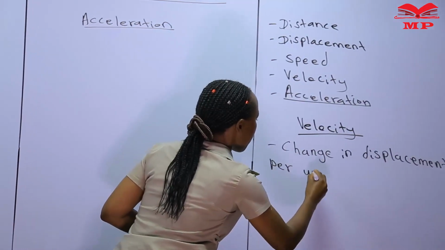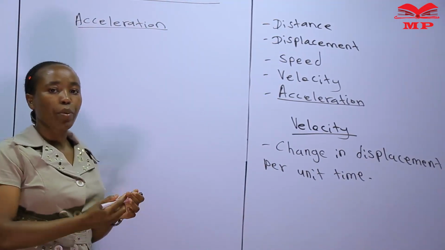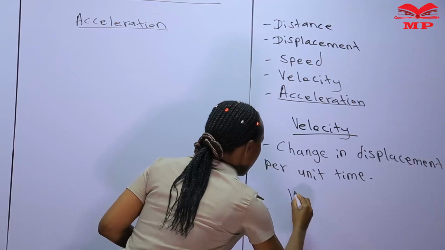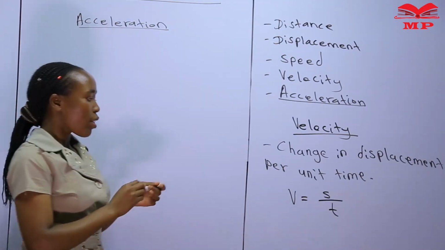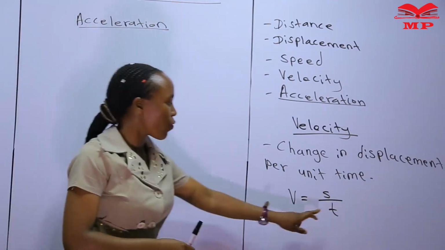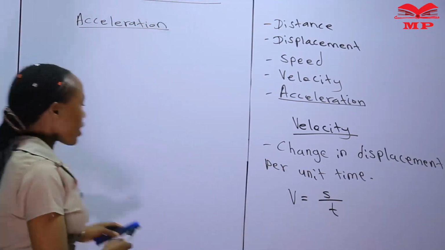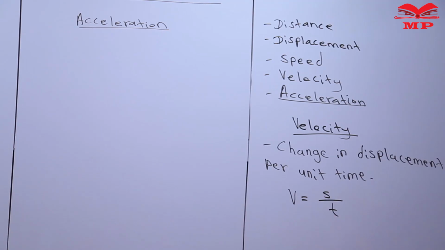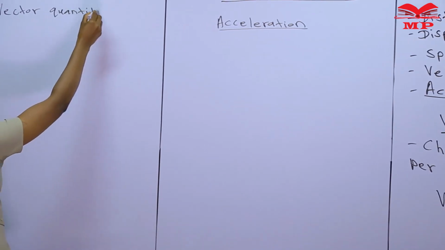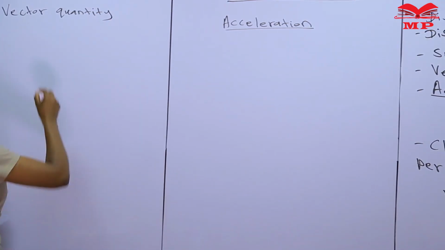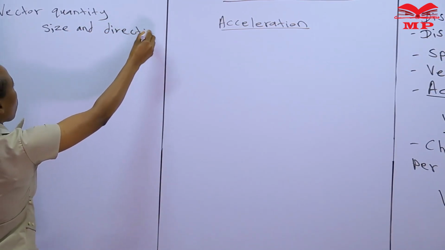If we use v to represent velocity, then v is equal to displacement per unit time, s over t, where s stands for displacement and t for time. Velocity is a vector quantity, so whenever we calculate velocity, we consider both the size and the direction.